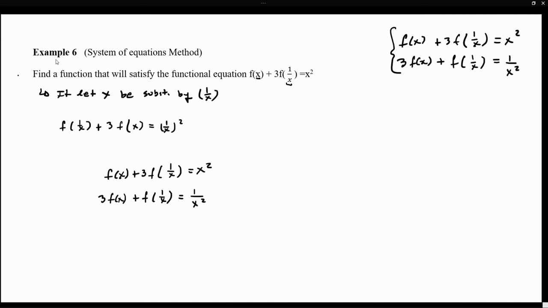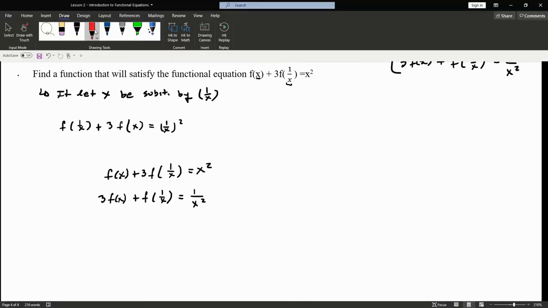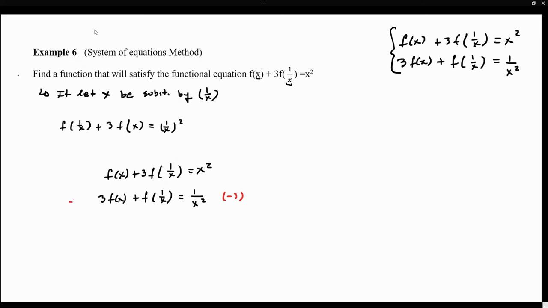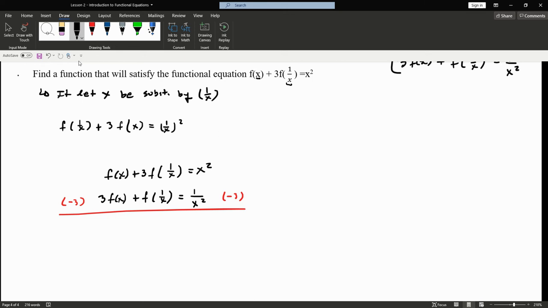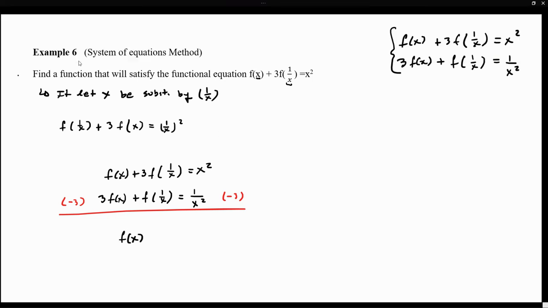Now that I rewrote it, we want to solve for f of x. So let's see, how can we cancel out f of 1 over x? Well, we can do that if we multiply both sides by -3. I have f of x plus 3f of 1 over x equals x squared. So now this becomes -9 f of x minus 3 f of 1 over x equals -3 x squared.